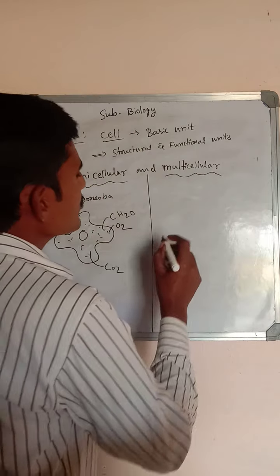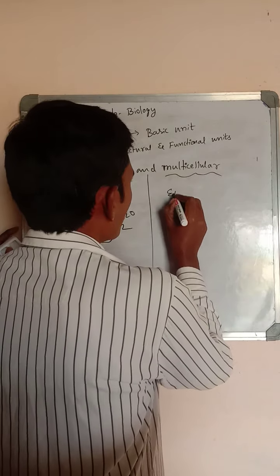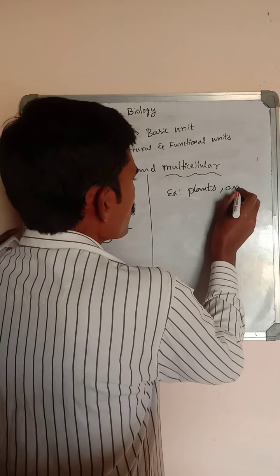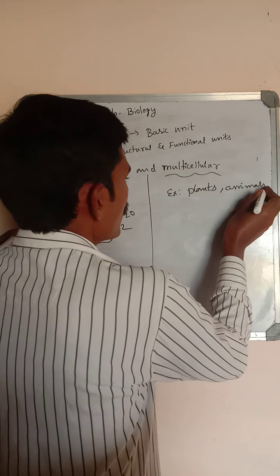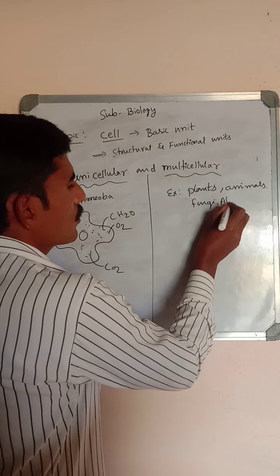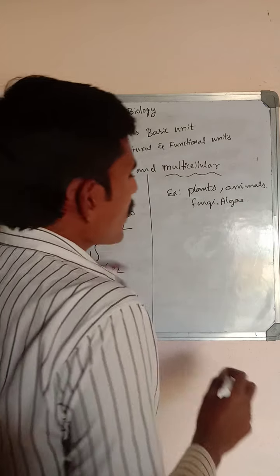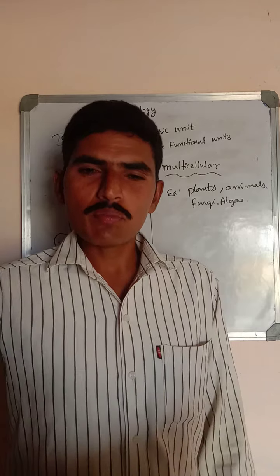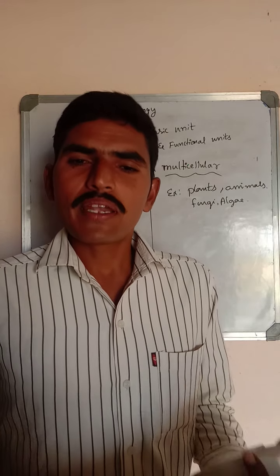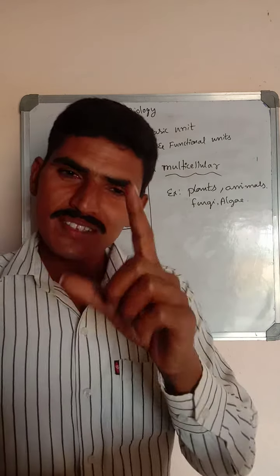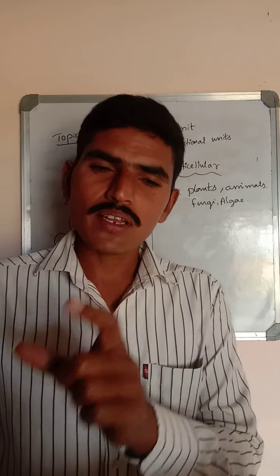Now let us see multicellular organisms. Examples are plants, animals, fungi, algae. They all contain multiple cells, more than one cell, and multiple cells will do multiple functions. Suppose if amoeba has to take food, only a single cell will break it down and convert it into energy.